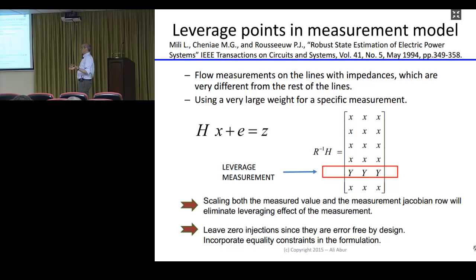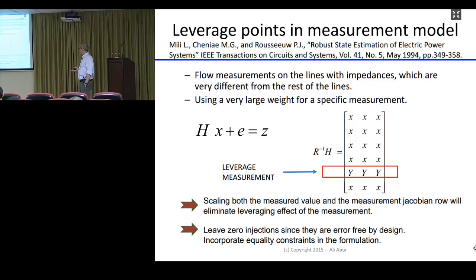For instance, in the case of an injection measurement, you typically have a large value in one of these entries, and the others will be much smaller. It's not an easy task to bring them all down to a reasonable level. In the case of flow measurements, you have a way of doing it by scaling, but for the injections, definitely you cannot do it. Also, in general, for the nonlinear solution, from one iteration to the next, these things may change, and handling these and getting rid of leverage measurements is a problem.